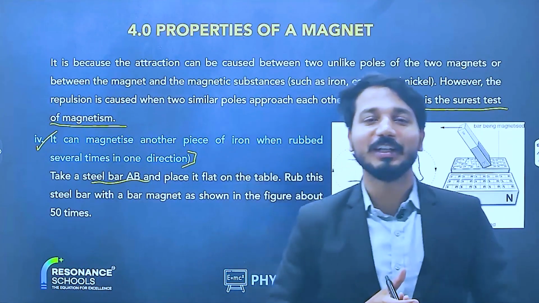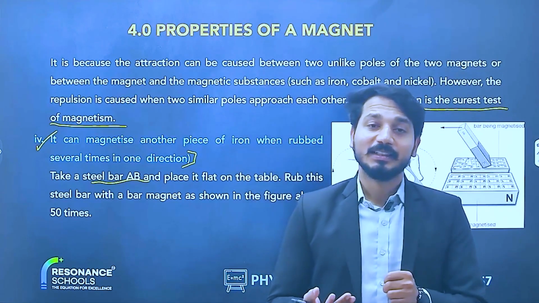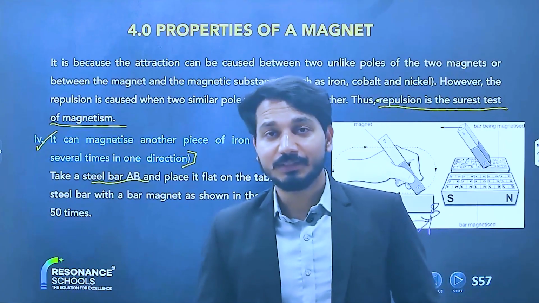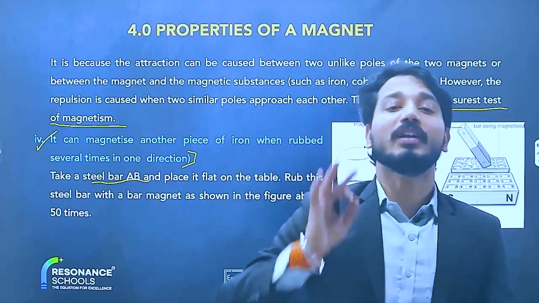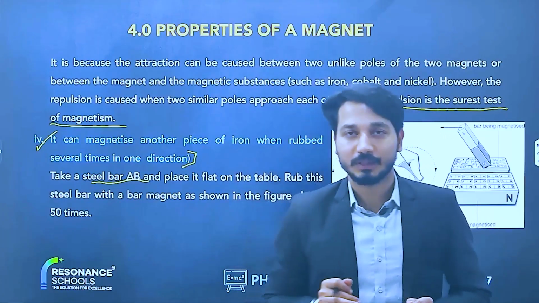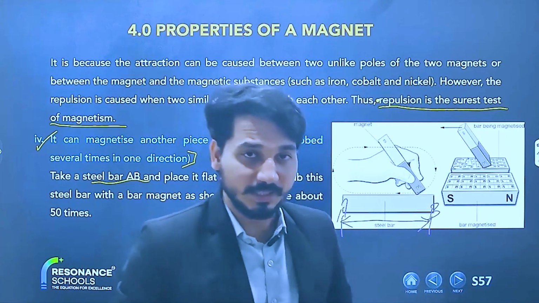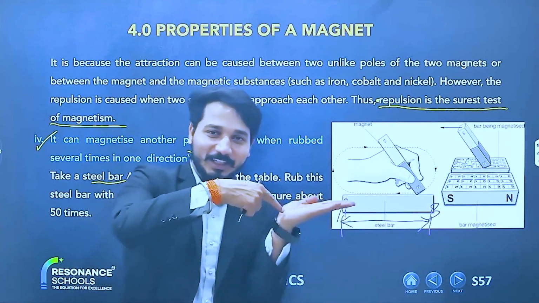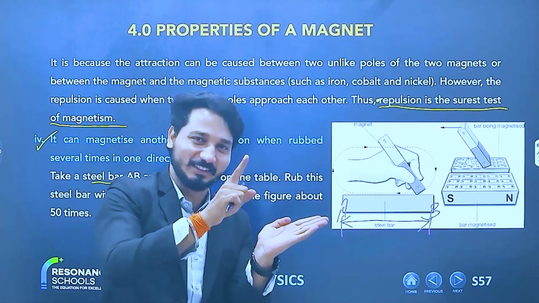So the fourth property is that a magnet can magnetize another piece of iron or magnetic material when rubbed several times in one direction. Don't forget to mention the direction. It's not like you take a bar magnet and keep on rubbing it back and forth.